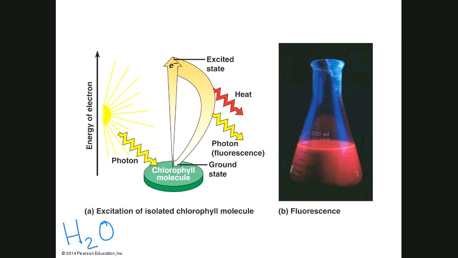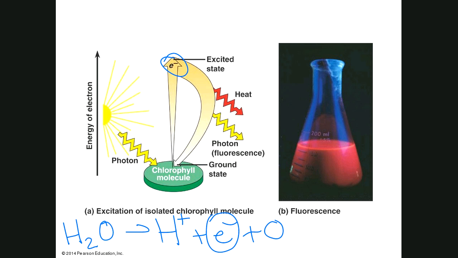The chlorophyll molecule is going to split water up into its individual components: the proton, its electron, and then, of course, the oxygen. The electron that's being excited is this one right here. So water, in addition to hydration for plants, provides a source of electrons to be excited.